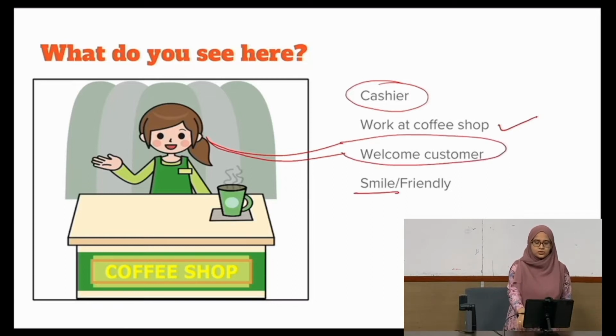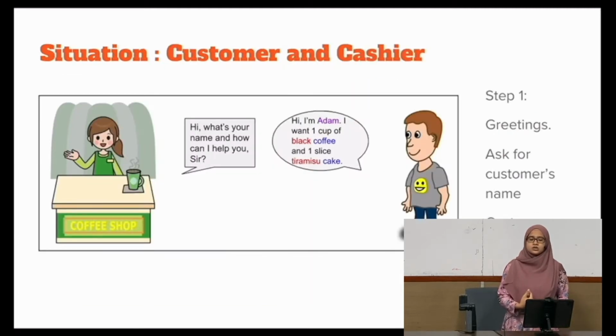Okay, so next. So this is the first conversation between the customer and the cashier. What do you think is going on right now? So this girl, she is asking the customer about his name and as well as offering to help, right? So in this conversation, she says, "Hi, what's your name? And how can I help you, sir?"